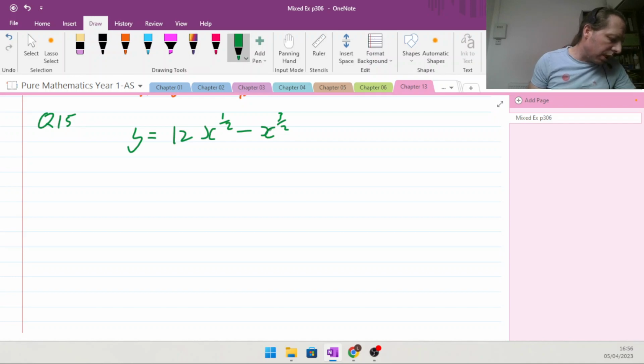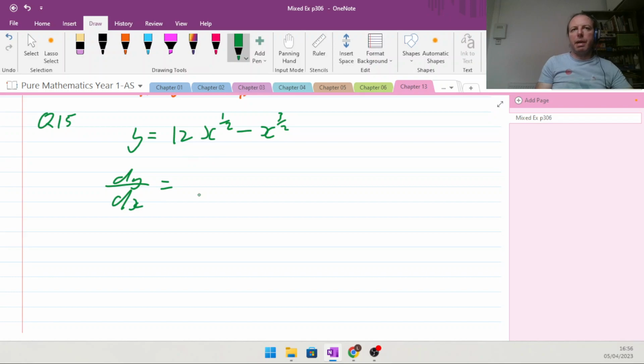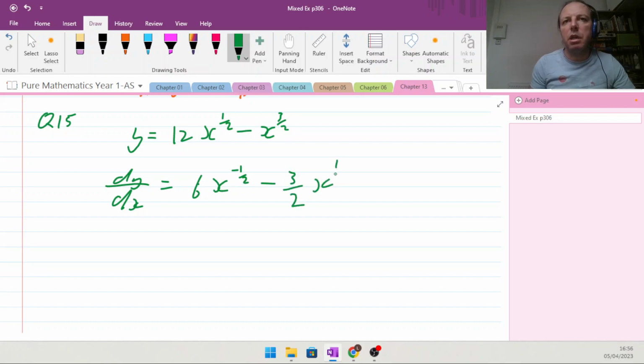Show that dy by dx is this. So dy by dx is where we drop the power multiplied by the old power, so it becomes 6x to the minus a half minus 3 over 2 x to the half.